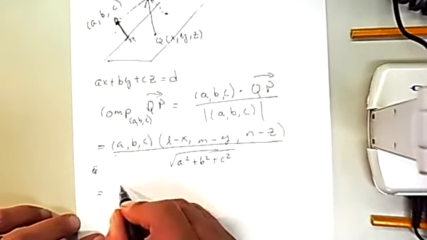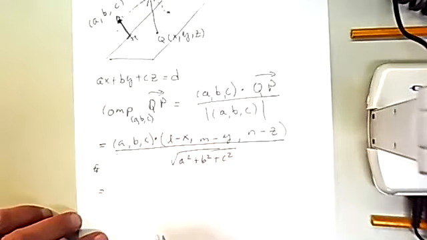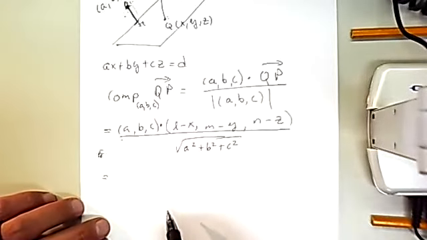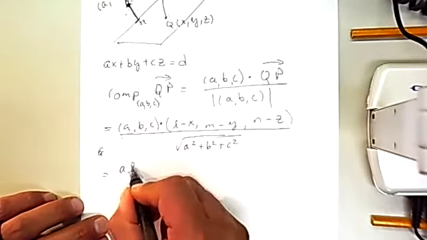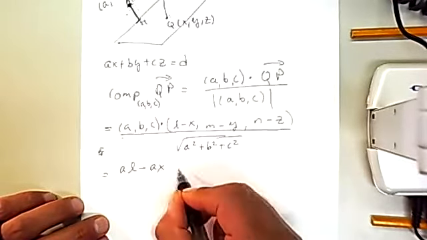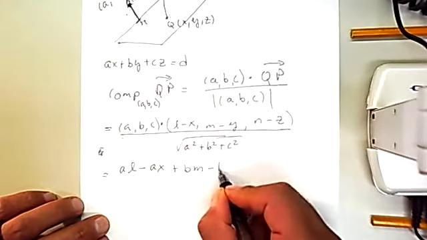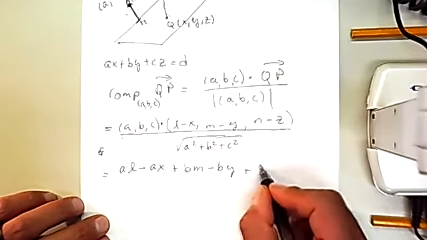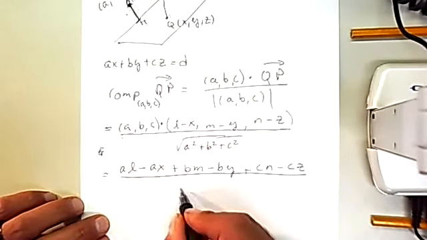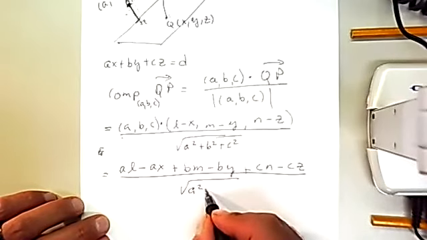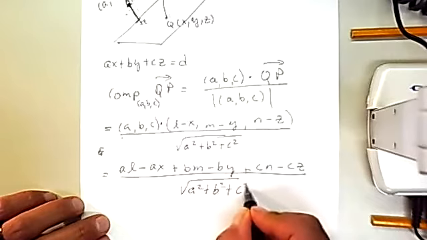Now we distribute the dot product: AL minus AX, plus BM minus BY, plus CN minus CZ, all divided by the square root of A squared plus B squared plus C squared.